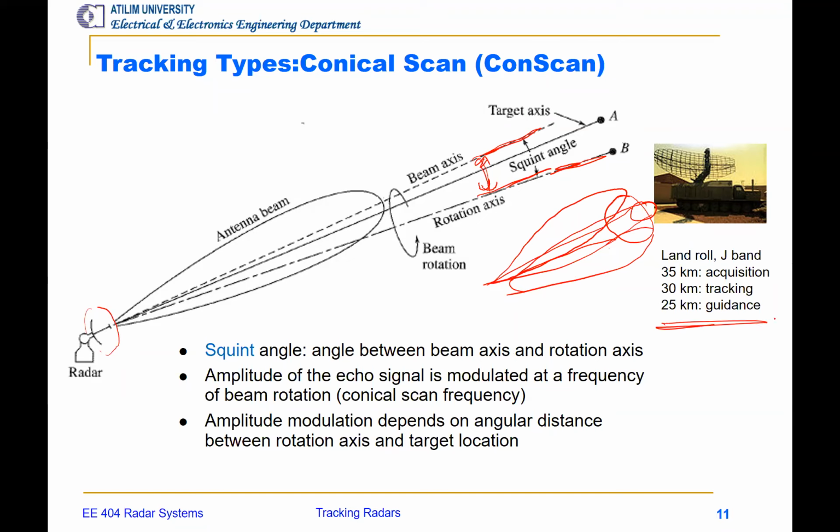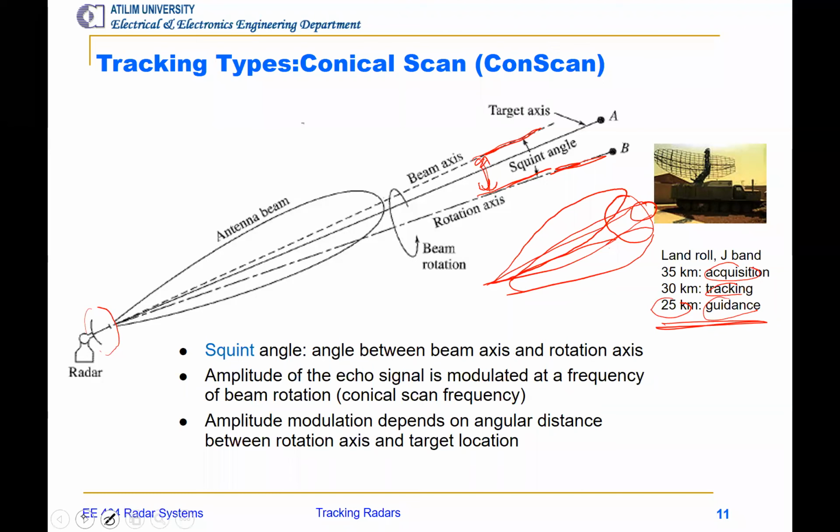One example of such a system is shown here, Landroll. That's a J-band radar with 3 different modes: guidance, tracking, and acquisition. So from 25 kilometers up to 35 kilometers.